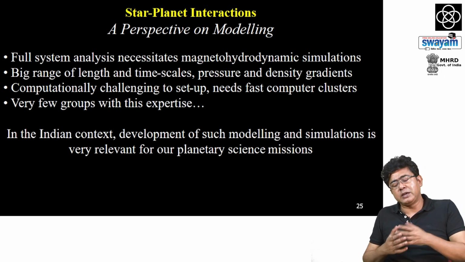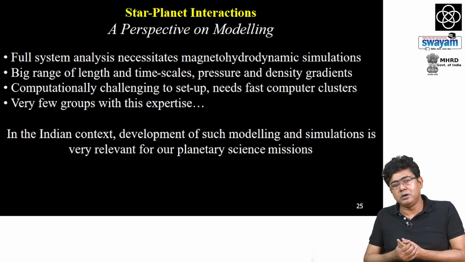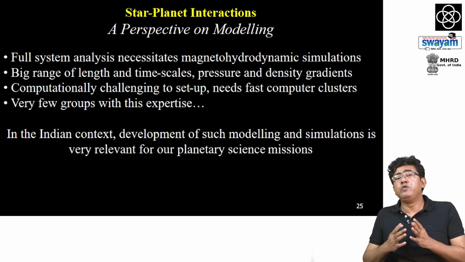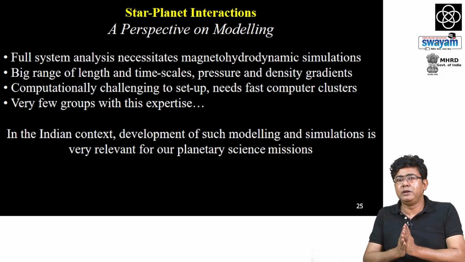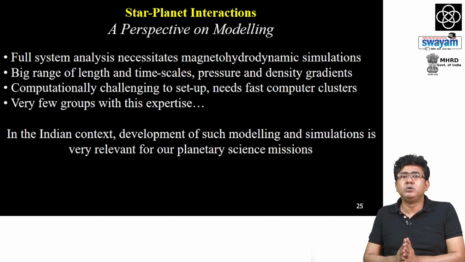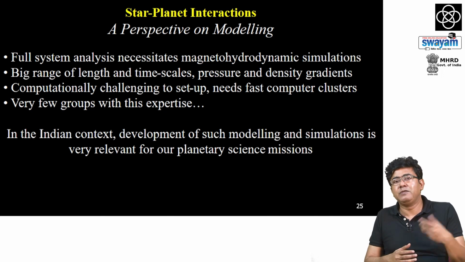Now, this is the kind of perspective that is based on observations and some qualitative understanding, but we can quantitatively simulate star planet interactions. The way we can do this, we can set up a system where we have a star and it has a certain output in terms of a stellar wind which has a magnetic field which it is carrying with it.